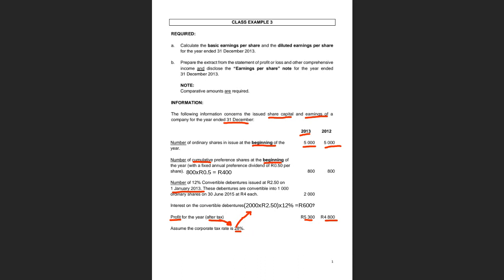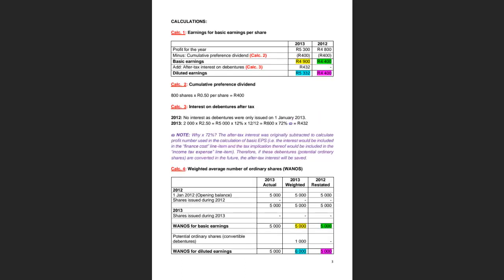Okay, cool. Let's look at page 3. I'm going to change to page 3, and if you can do the same on your side, that would be good as well. So look at our calculation. We started off with our 5,300 and our 4,800.